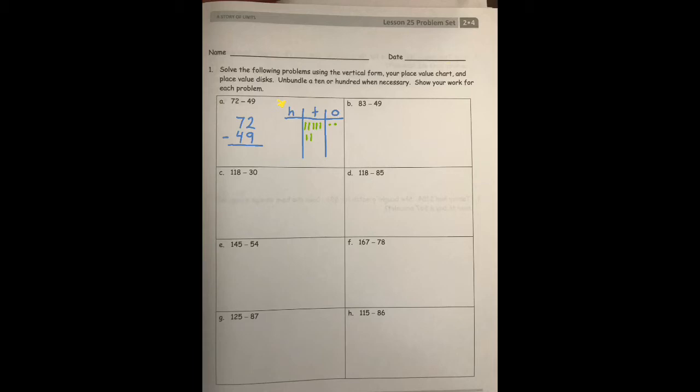Go ahead and draw in your 72. Okay. And we're subtracting. So we're not going to draw our 49. We want to take 49 away.